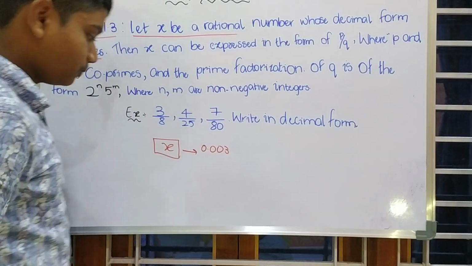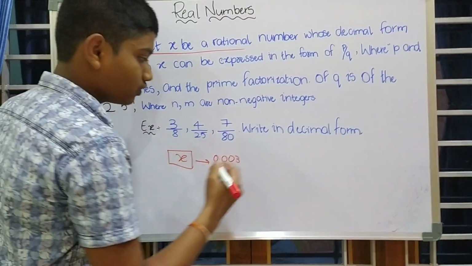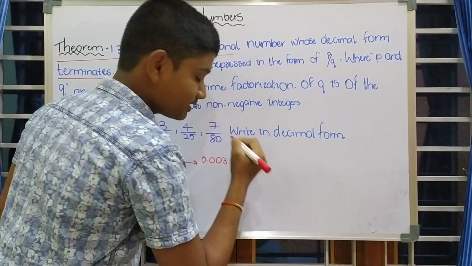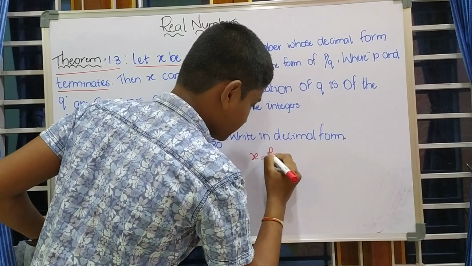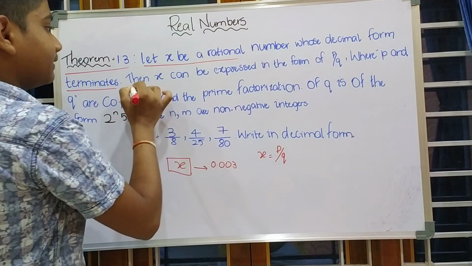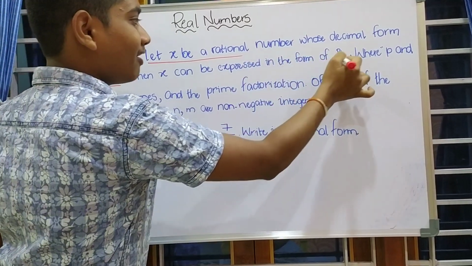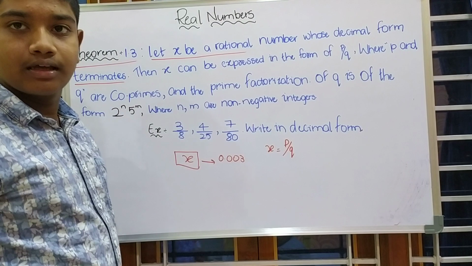of p by q. We know that rational numbers are expressed in the form of p by q. So x is a rational number, x is equal to p by q. Then x can be expressed in the form of p by q, where p and q are co-primes.